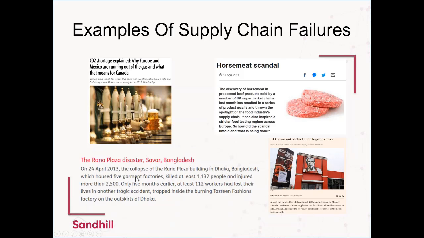An example of that is the disaster at a textile manufacturing organization in Bangladesh, which occurred some years ago. So understanding your supply chain is very, very important so that we can understand what is going on.